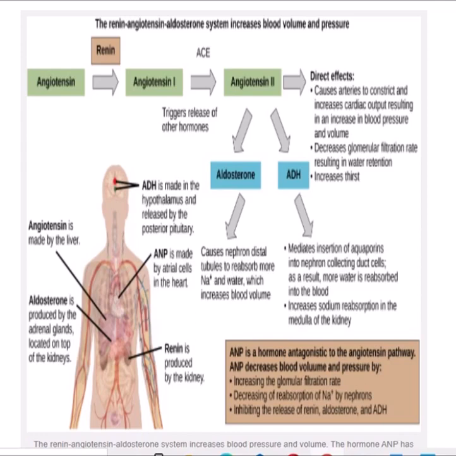Now, I have the diagram showing what I've just explained, the renin-angiotensin and the other hormones and how they work. The renin-angiotensin-aldosterone system increases blood volume and it also increases blood pressure.